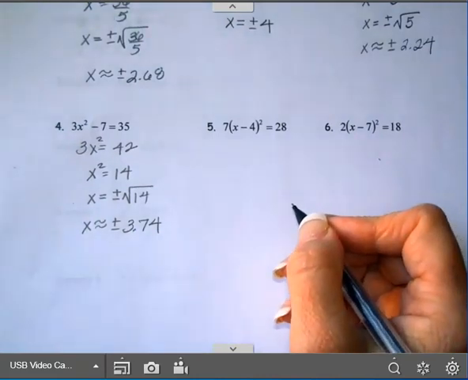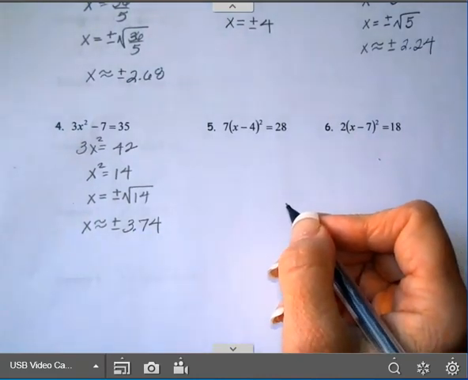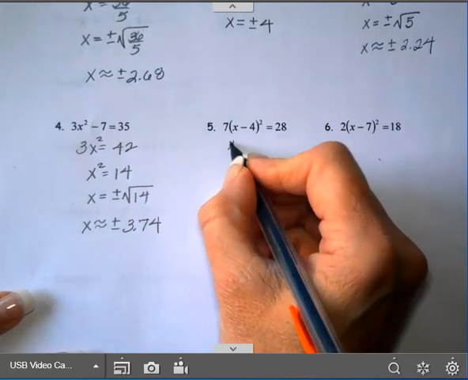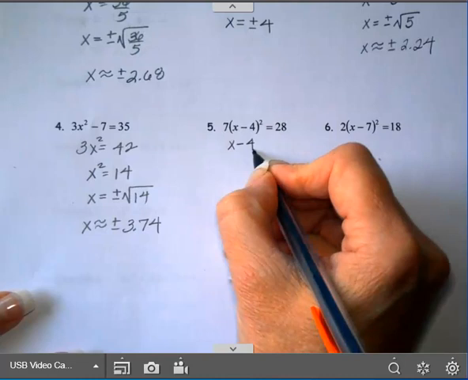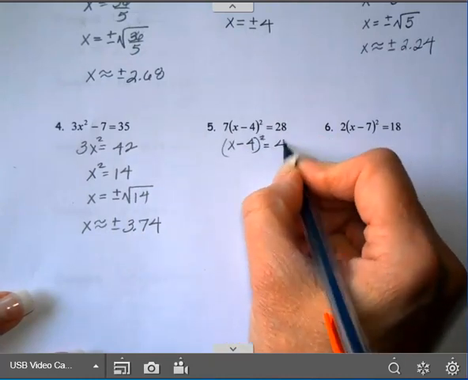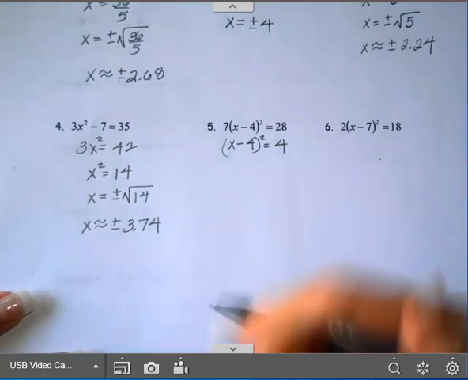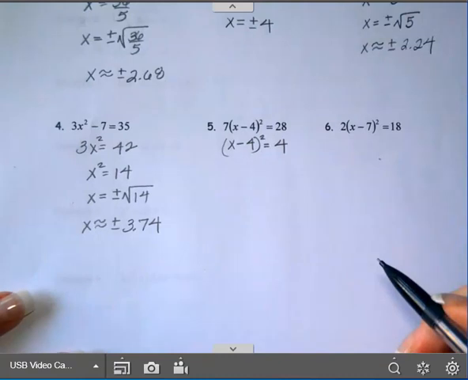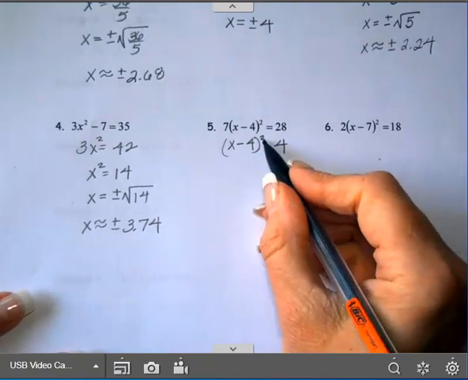On the next one, it's a little bit different. You have to get rid of the 7 first. So I'm going to divide both sides by 7. I cannot add 4 to both sides because that 4 is in parentheses and squared. To undo a square, you take the square root.